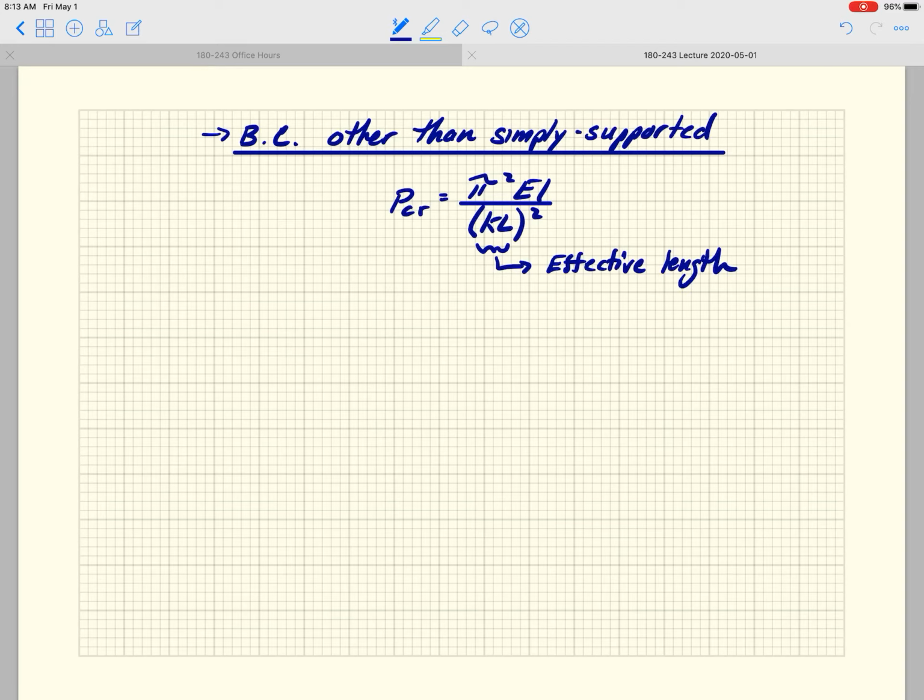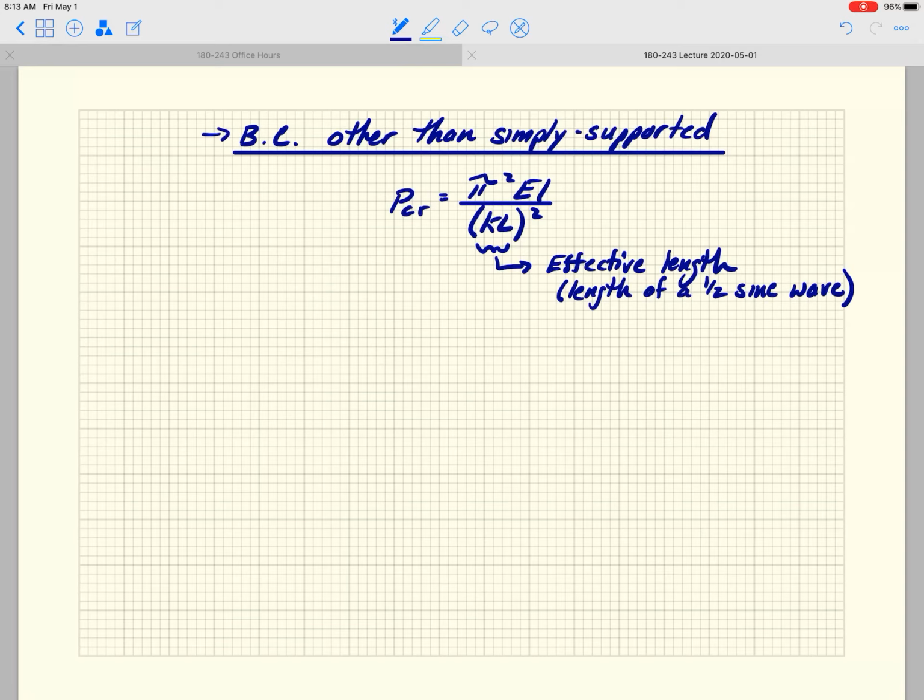And that's the length over which a half sine wave can develop. So this is the length of a half sine wave. So it depends clearly on the boundary conditions, right?